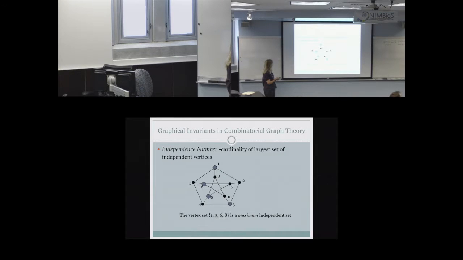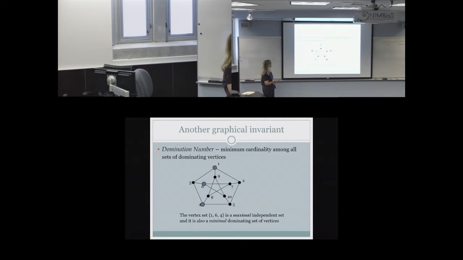This set containing 1, 6, and 4 is an independent set because there's no connecting edge between any pair. Furthermore, it's maximal because if you try to put any other vertex into the set, it will create an edge. All the remaining vertices are connected to either 1, 6, or 4. So that's as big as you can get.